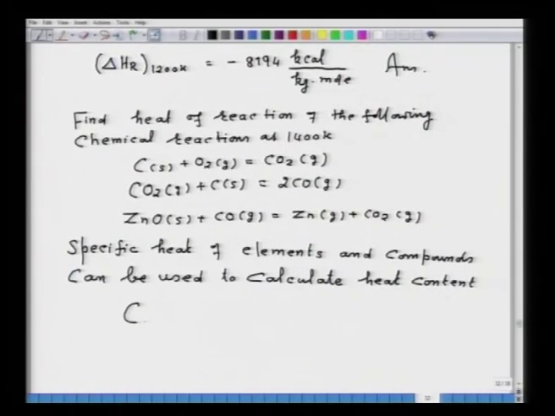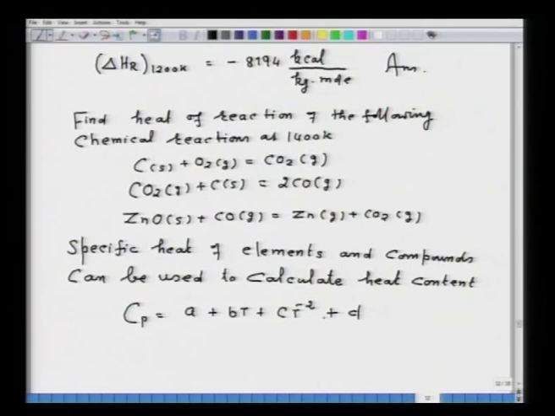Now, the specific heat of a substance also varies with temperature. Cp is equal to A plus BT plus CT to the power minus 2, where A, B, C are constants. In some books it is also written plus D, but the D value is so small that you can neglect it.